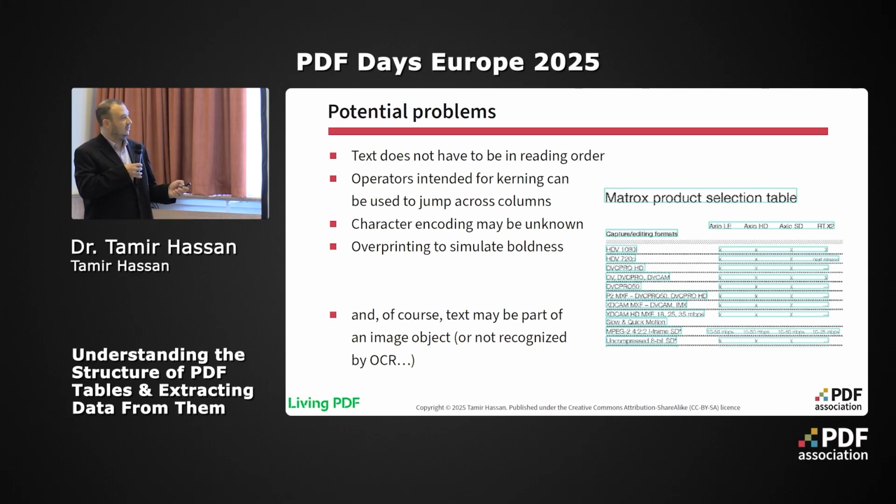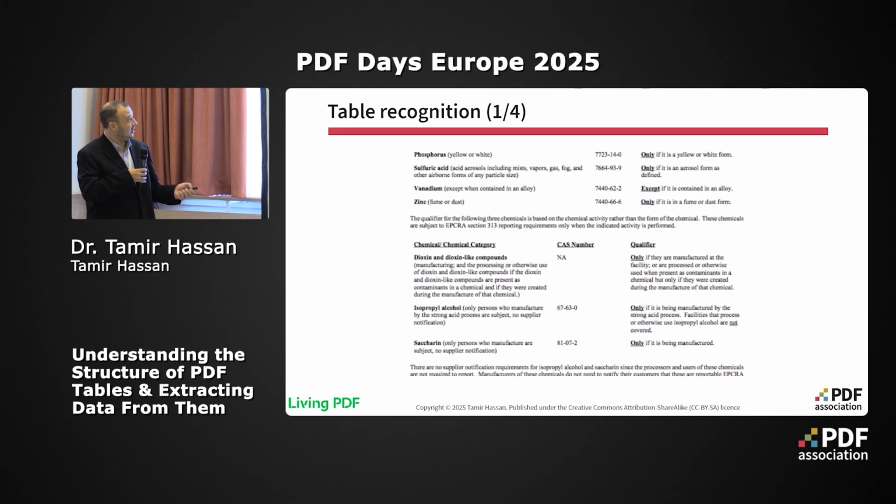So, starting with the characters and lines that we've extracted, we can actually start to recognize tables. Again, here I've got an example of a fairly simple table, but one that is unruled and based on the positioning.